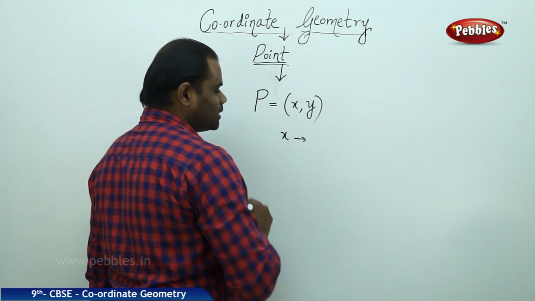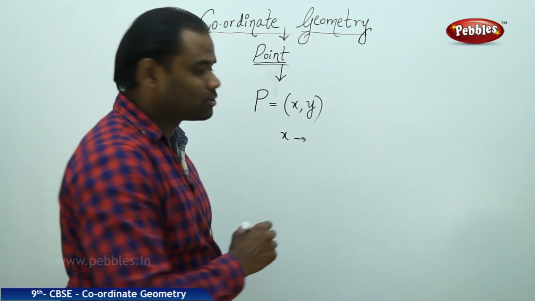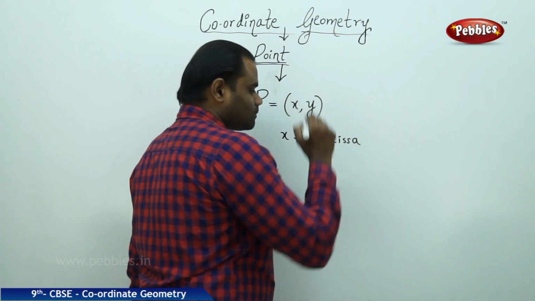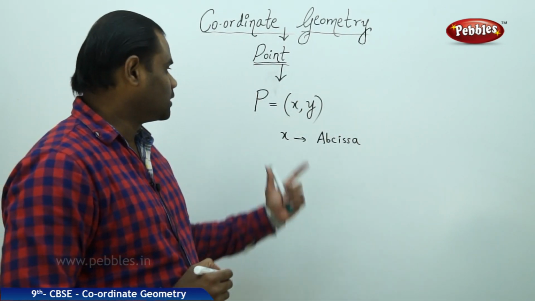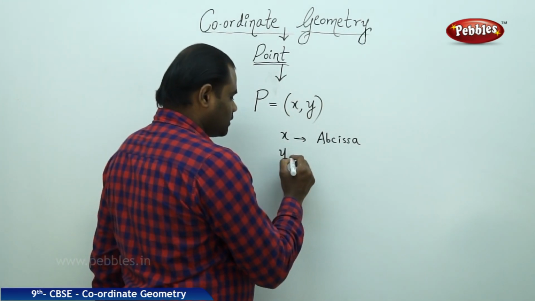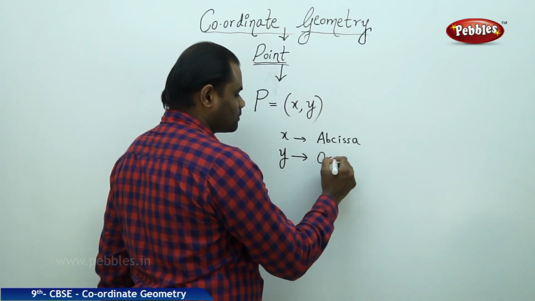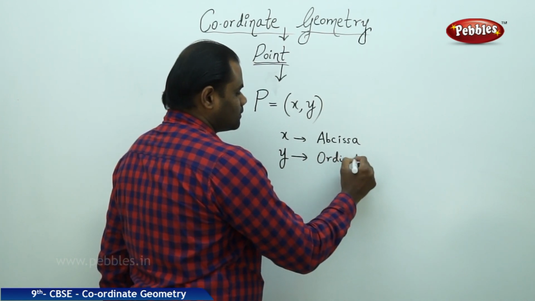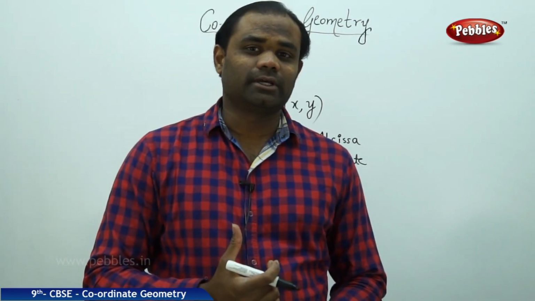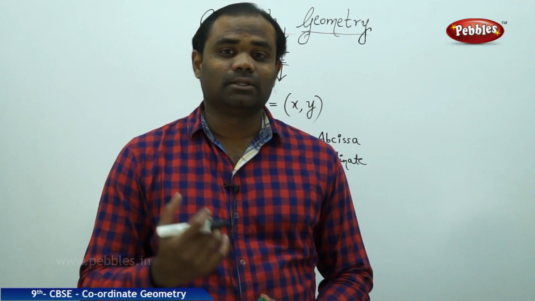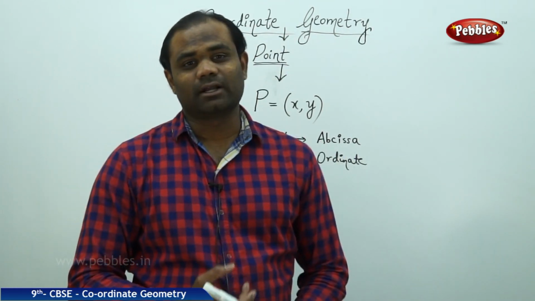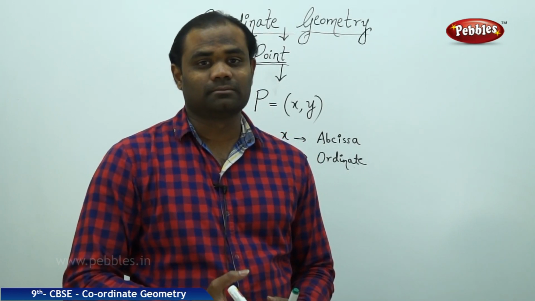And x refers to the x coordinate, which is also called abscissa. The x coordinate of the given point is called abscissa and the y coordinate of the given point is called ordinate. This is how the different terminologies are used in mathematics to define the point. X coordinate refers to abscissa and y coordinate refers to ordinate.